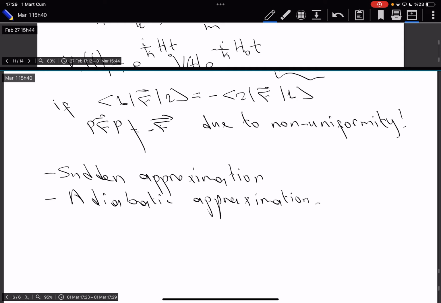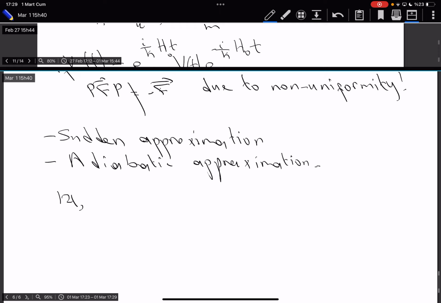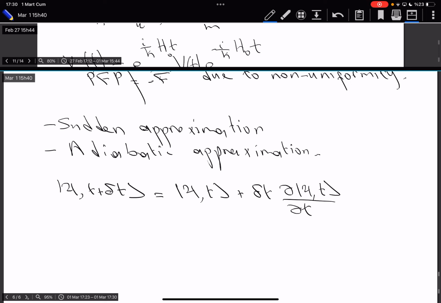In fact, the sudden approximation is kind of easy. You see, if you are looking for your state at the time t plus delta t, you can just do a Taylor expansion. A Taylor expansion would tell you that this is psi at the time t plus delta t times the derivative of the state at the time t with respect to time. But this is nothing but the Hamiltonian up to a coefficient.